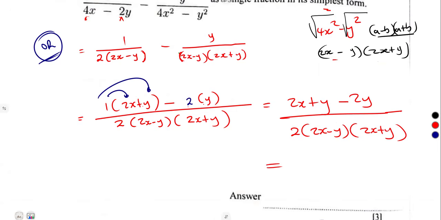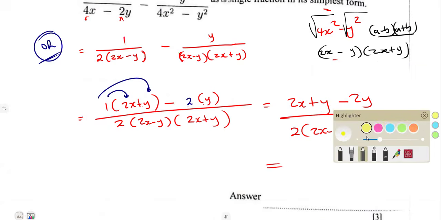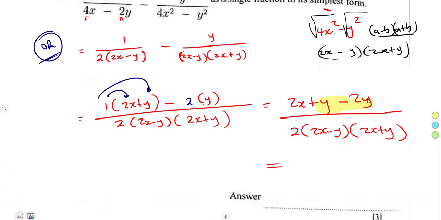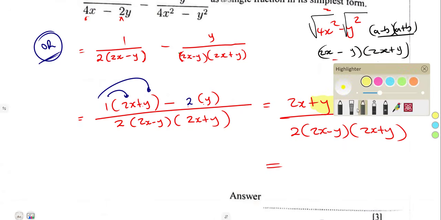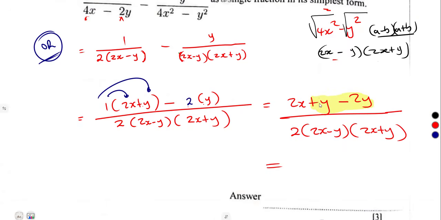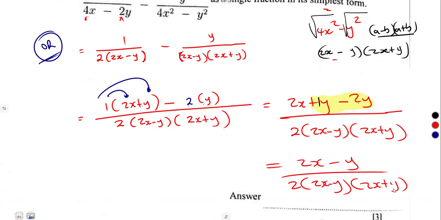Collecting the like terms just like before, you can see that this stage is simply the same as before. So that's 1 here, then we've got 2x minus, that's 1 minus 2, which is minus y, over 2 into 2x minus y, 2x plus y.